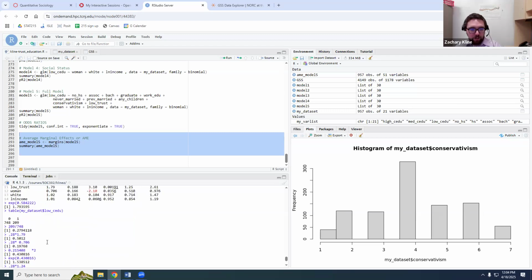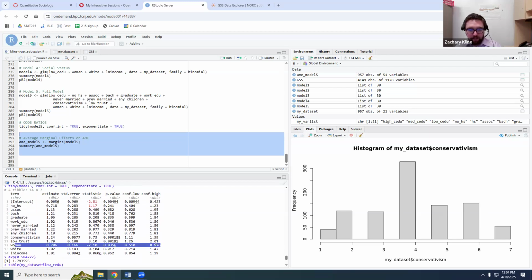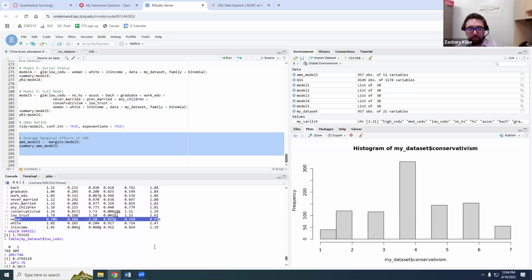So this is a little different here, right? We saw women, so I'll just do one comparison here. This is saying, compared to men, women are 30% less likely to have low confidence in education, holding all other variables constant, or they're less likely by a factor of 0.7.